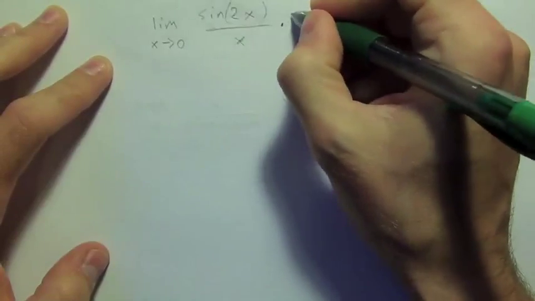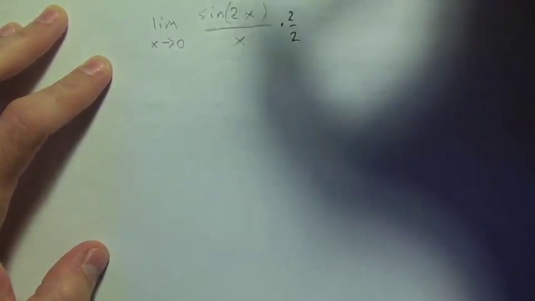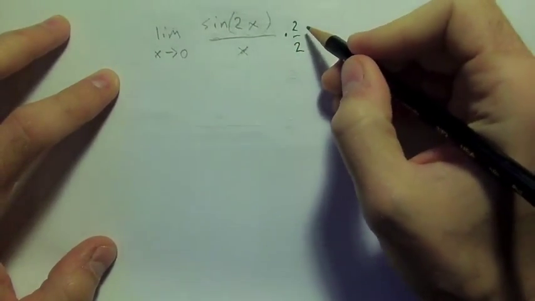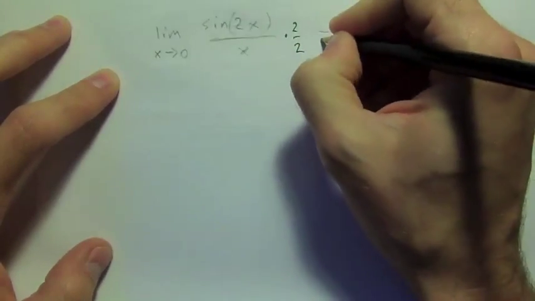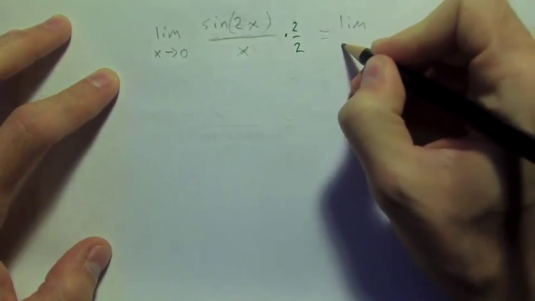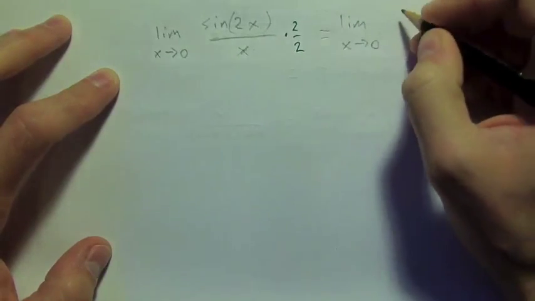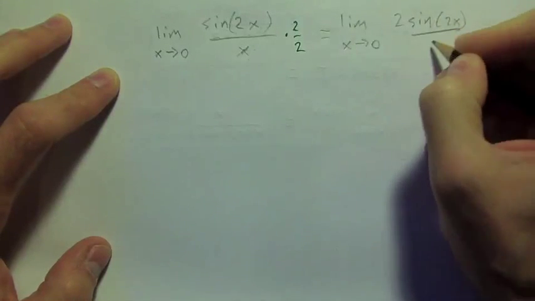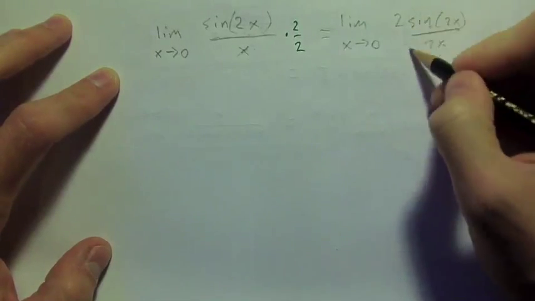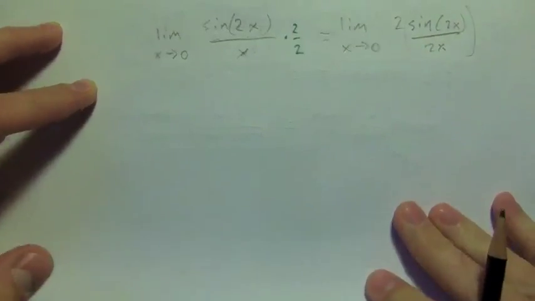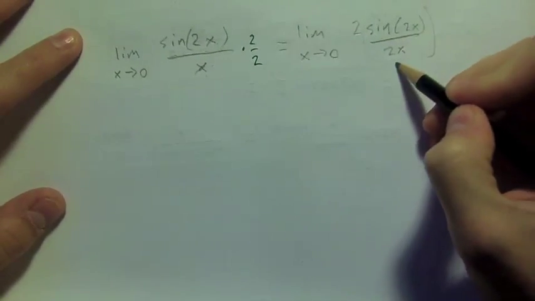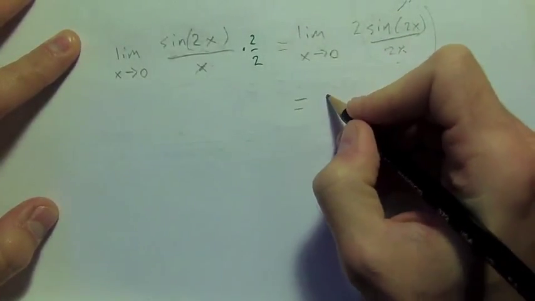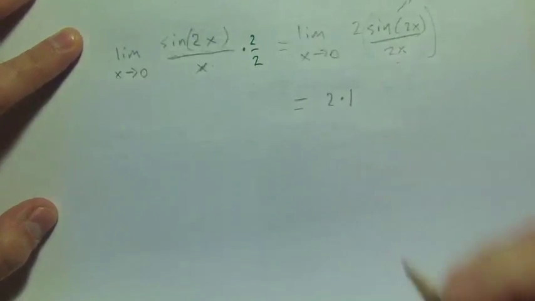I'm going to have to put it on the top and the bottom. So in some of these problems, you'll actually have to multiply the top and the bottom by a number so that you get the limit as x goes to 0 of 2 sine of 2x over 2x. And now we have matching variable inside sine and beneath sine. So this piece goes to 1, leaving the limit to be 2 times 1.